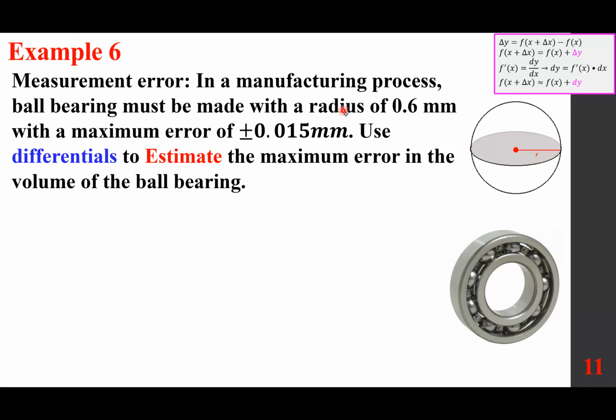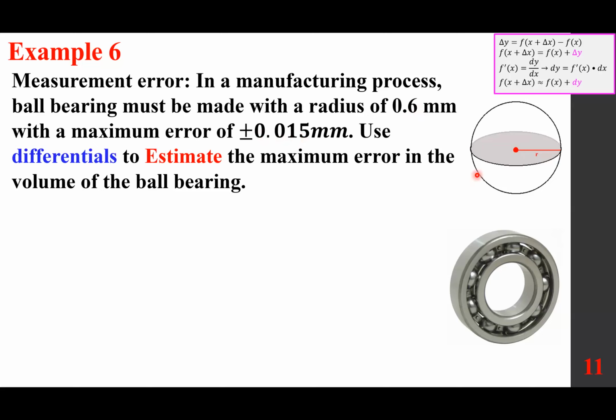So what happens is that if this is the size we need, that means we need the radius to be 0.6 millimeters exactly. This is what we need to have, everybody. However, it may be larger by 0.015 millimeters, or it may be smaller by the same amount.